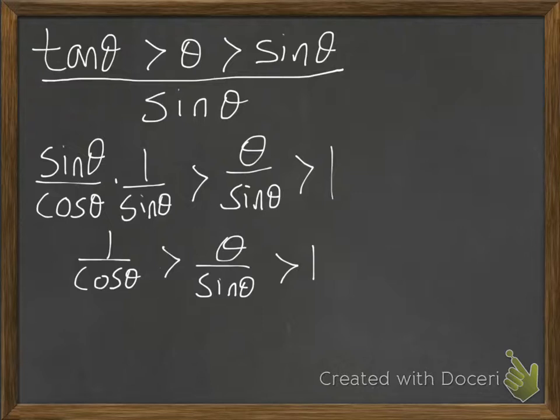To get what we want, we use a little known property of inequalities, one that you probably haven't talked about very much in algebra, and that is that you can take the reciprocal of each thing. And when you do that, though, it's going to reverse the direction of the inequalities.